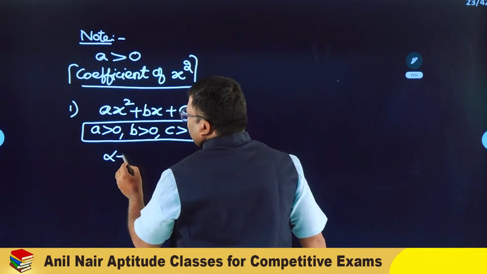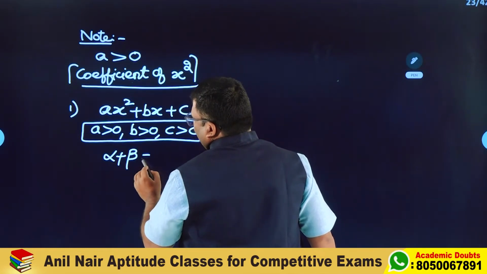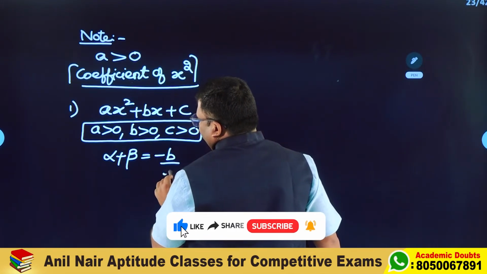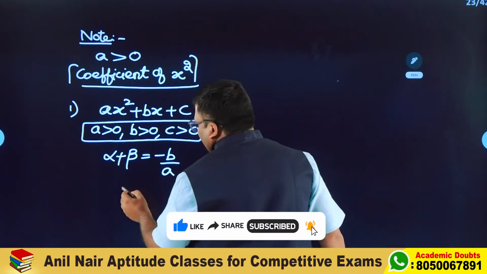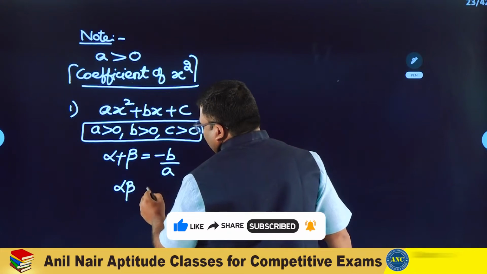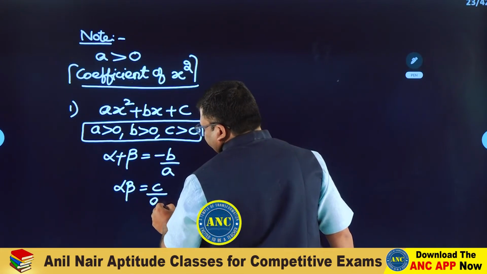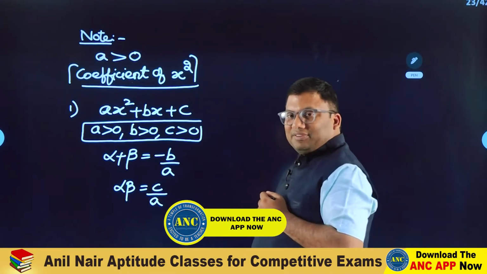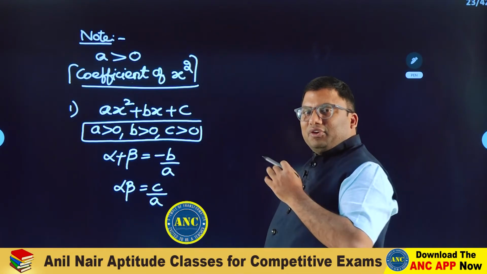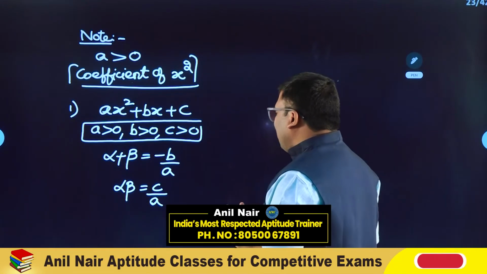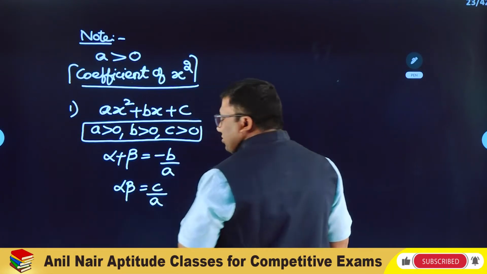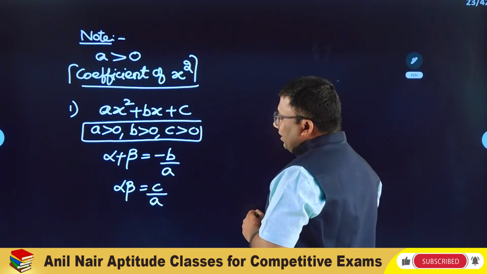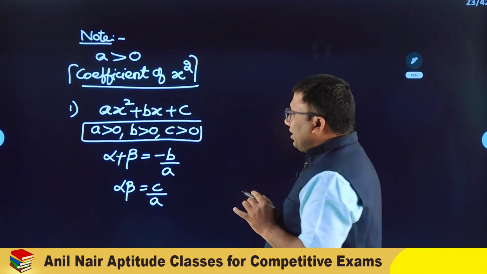Sum of the roots will be equivalent to minus B by A. Product of the roots is C by A. If you understand this condition, you can solve lot of questions easily. Alpha plus beta is minus B by A, alpha beta is C by A.